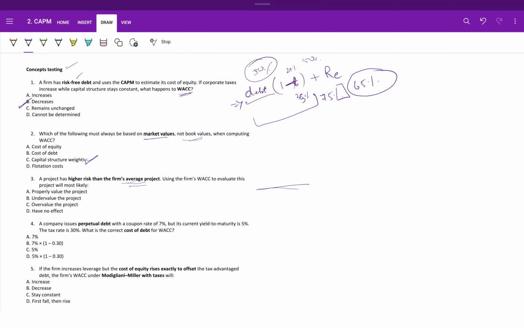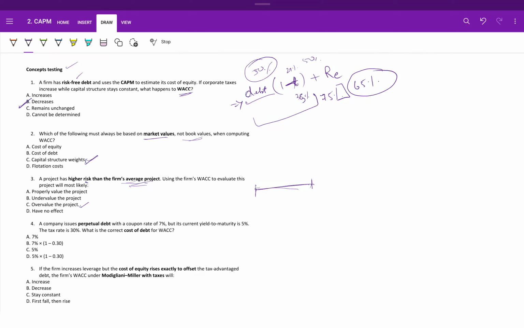So whatsoever projects we have, this project actually has higher risk than the firm's average project. Using the firm's weighted average cost of capital to evaluate this project, we will most likely be overvaluing the project.